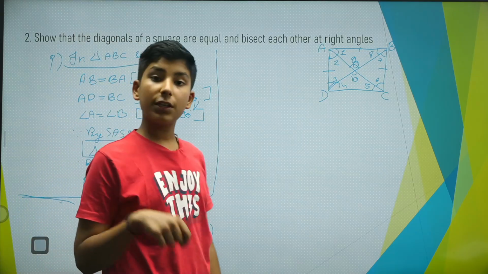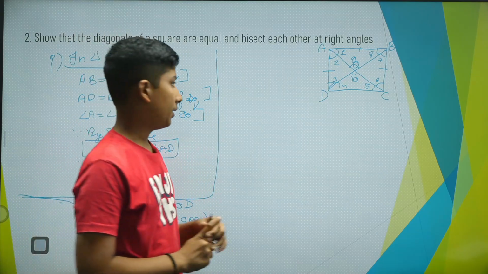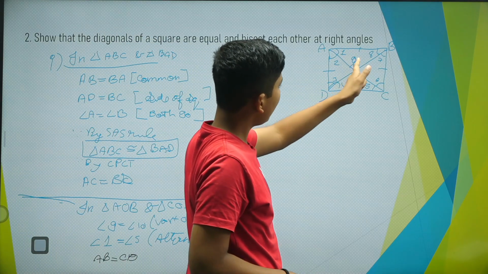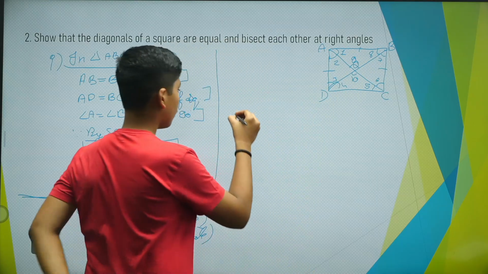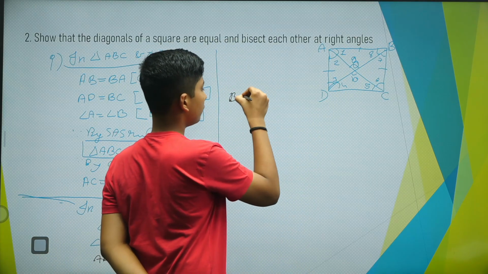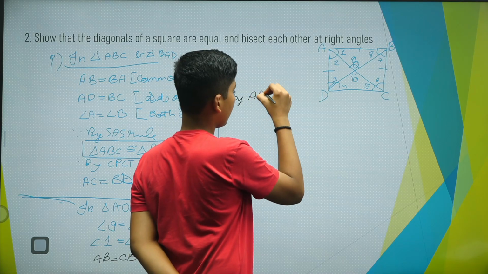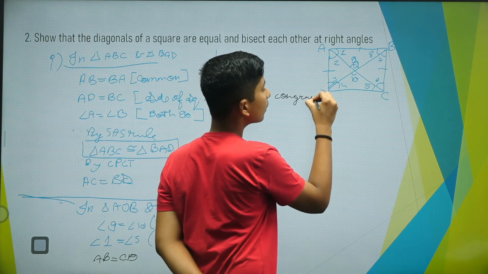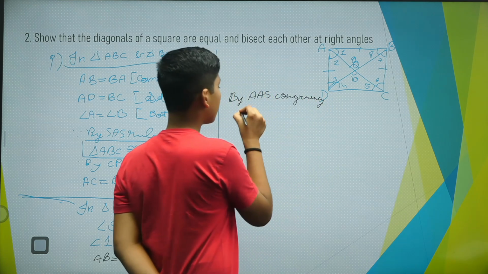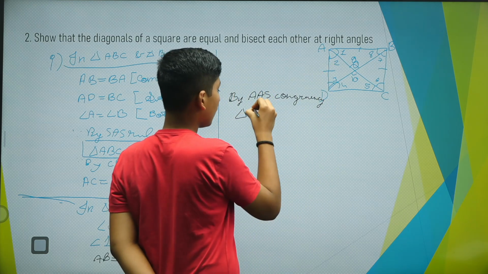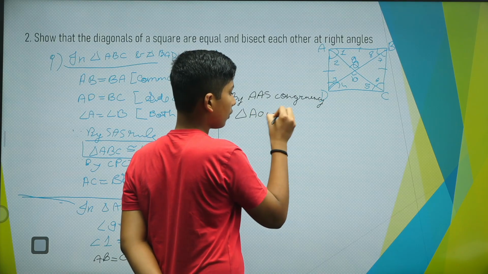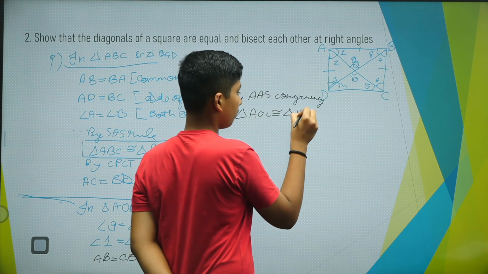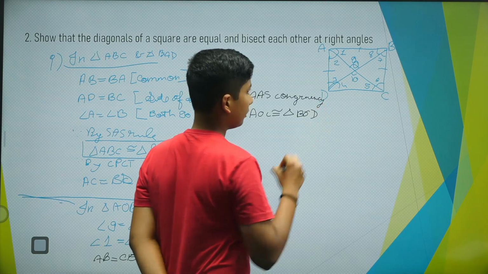Now, which rule is getting applied? Angle, angle and side. So by AAS congruency, triangle AOC congruent to triangle BOD.